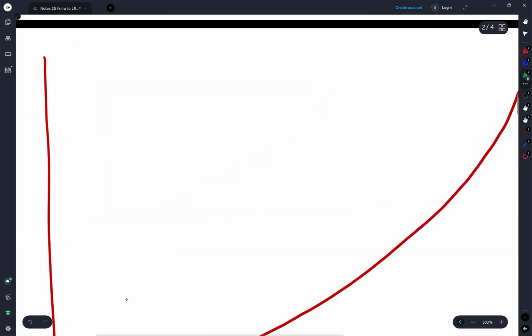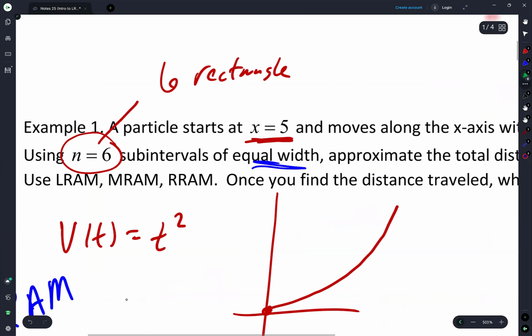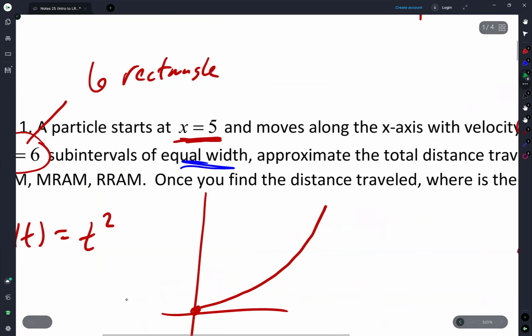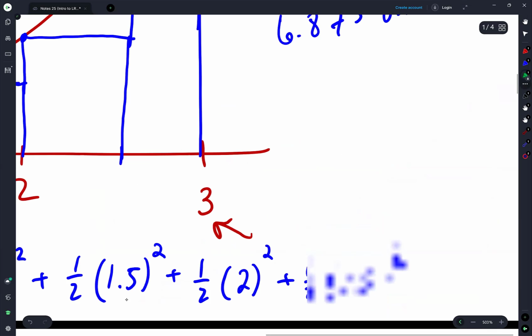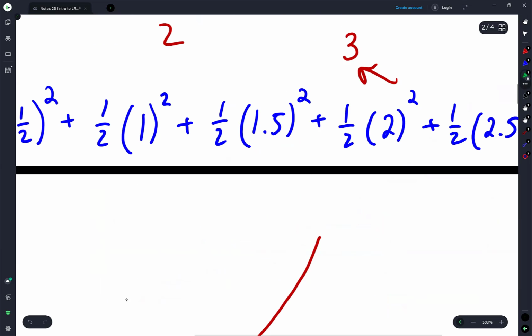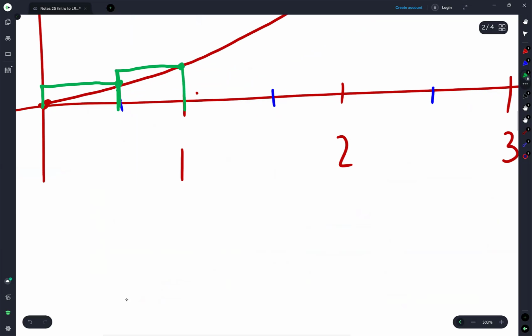Remember that we have 6 rectangles that they wanted me to do. So what did I do first? I found the width of each rectangle. The width of each rectangle is a half. So between 0 and 0.5, I have a rectangle. Between 0.5 and 1, I have a rectangle. Between 1 and 1.5, here's my little hash mark for 1.5.